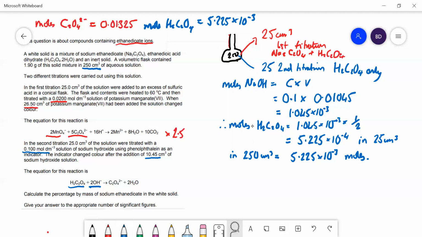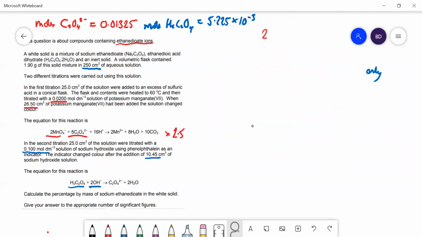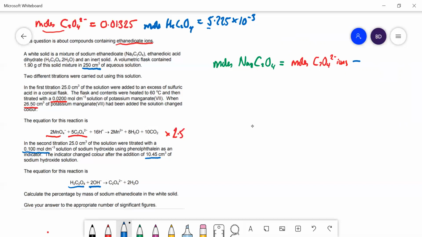Right, so we can move on to the next stage now. We can find the moles of the sodium salt, Na2C2O4. That's equal to the total moles, the red one here, the moles of the C2O4 2 minus ions, minus the acid, which is the blue one here.